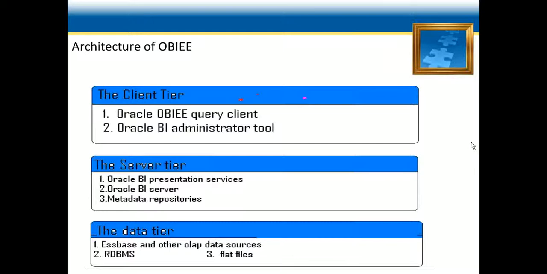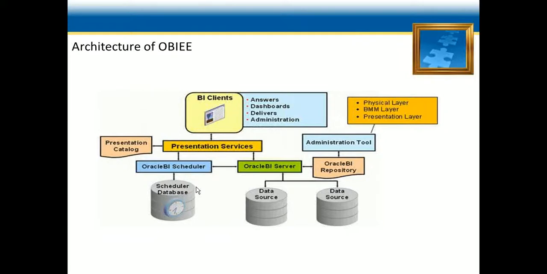The data tier is based on OLAP data sources, relational database management systems, and flat files. The data tier means it has the data sources: you can have Essbase, OLAP, an RDBMS, or flat files as a data source. These are all connected to the server tier and then the client tier. I'll explain the path now, because you should know the components first, and only then will you understand the path.